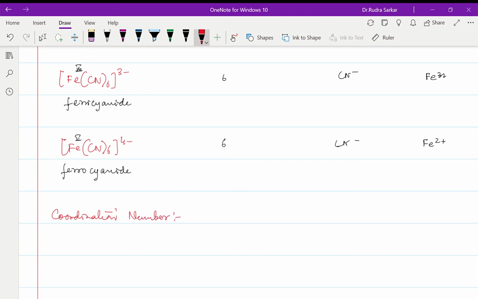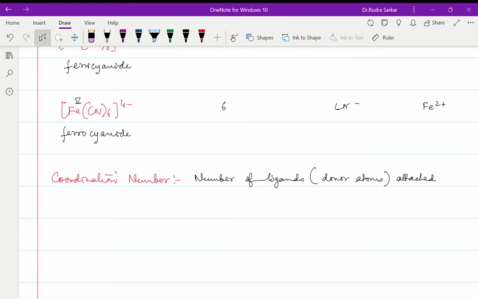Obviously what? Number of ligands... in, I should write donor atoms, okay. This will give you a better meaning. Attached, because later on we will come to know about tridentate, bidentate, tetradentate, hexadentate ligands, okay.